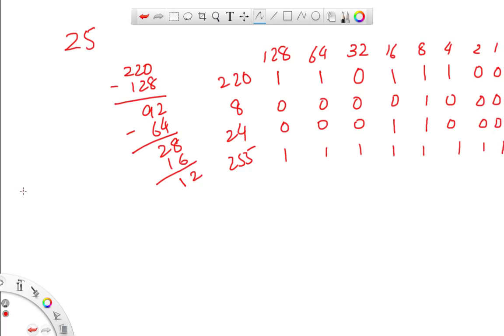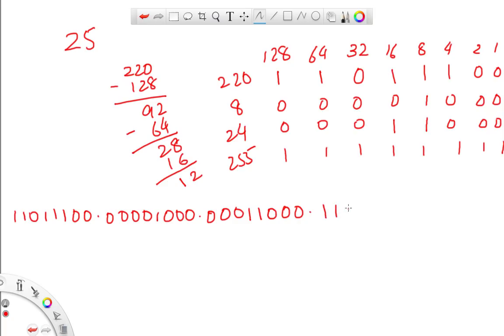So once again, make this into a binary address. So you have 110111, and so on.